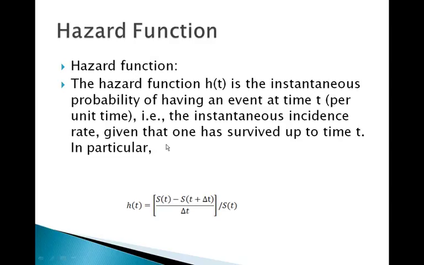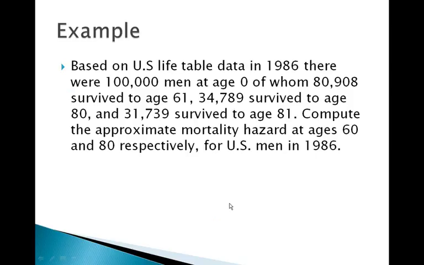So in particular, h of t is defined in the following manner, and you look at the incremental change in time. An example of how you would calculate this is if you were to look at the U.S. life table data from 1986. This is the example in particular. They followed 100,000 men from birth up until 1986.